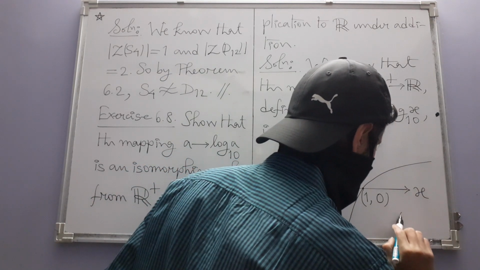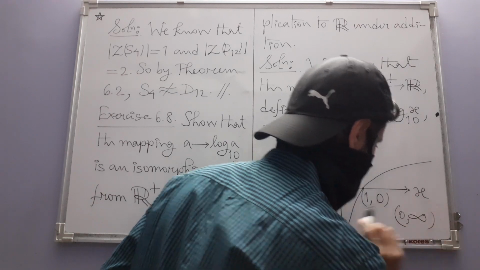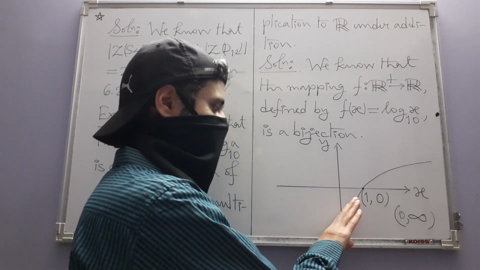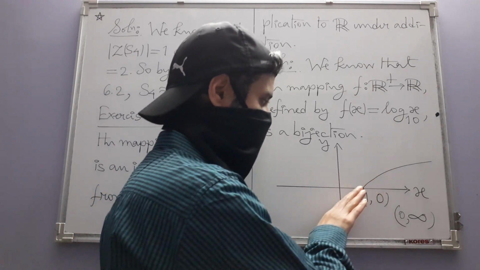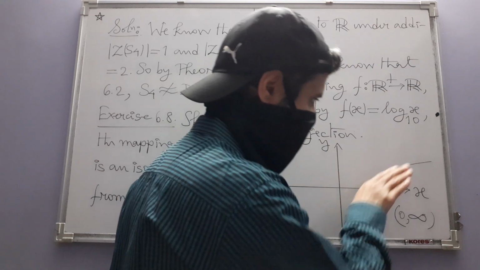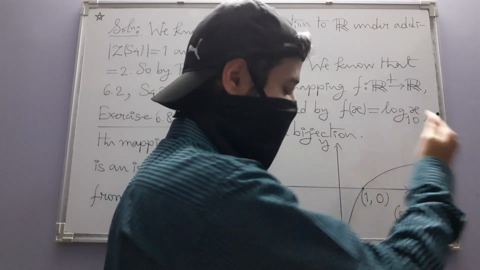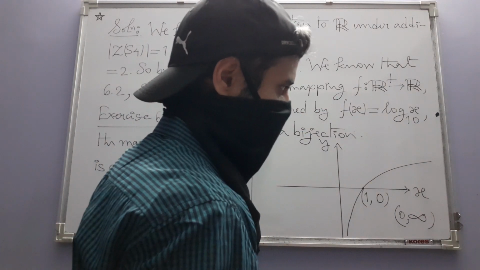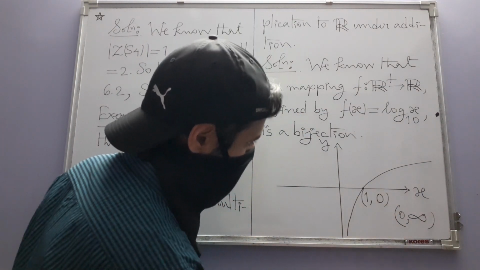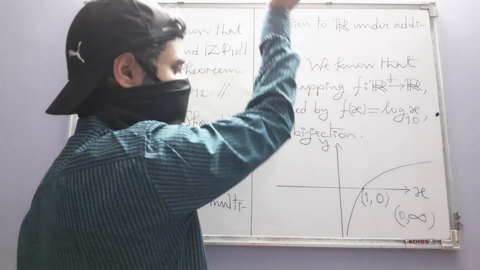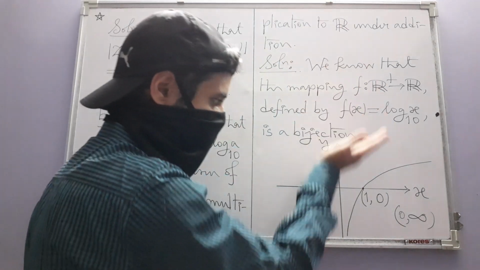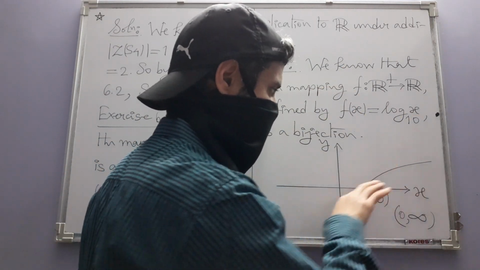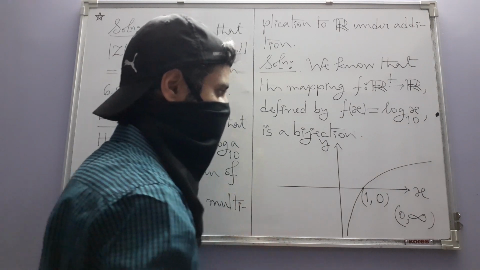That is this. This is your domain. And although the function grows at a smaller and smaller rate, and the rate keeps getting smaller and smaller as we increase the value of x, still it exceeds everything eventually. So the range is the set of real numbers. All the real numbers are going to appear as outputs at one stage or another.